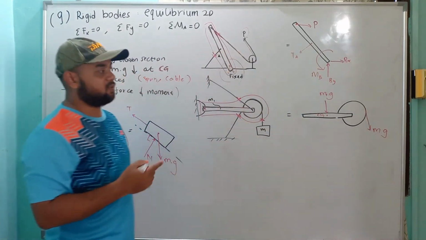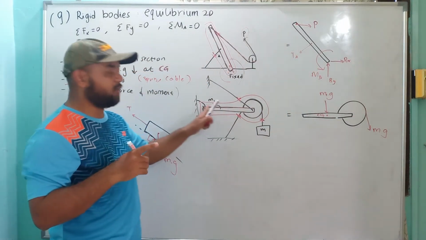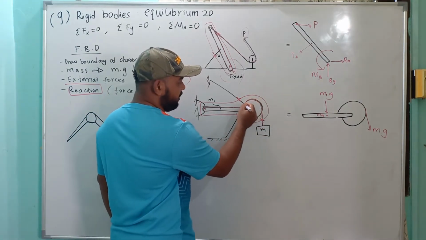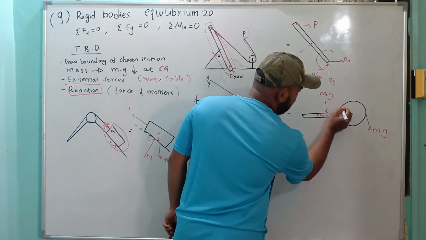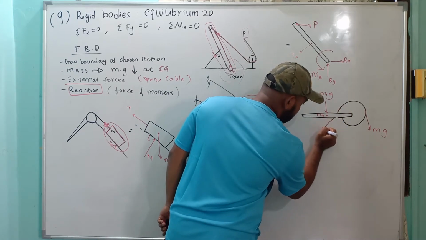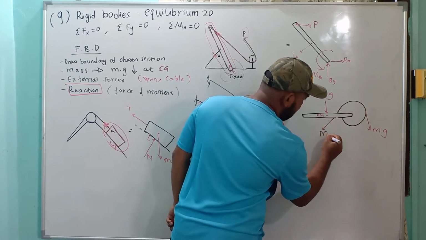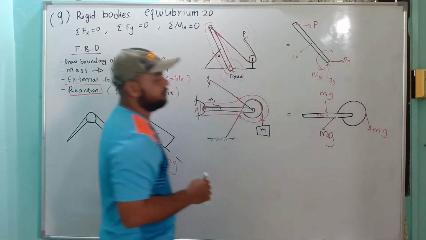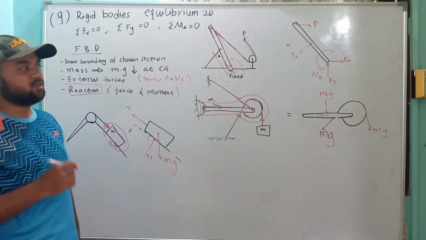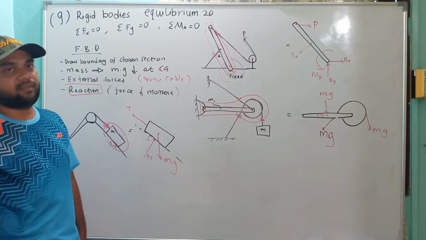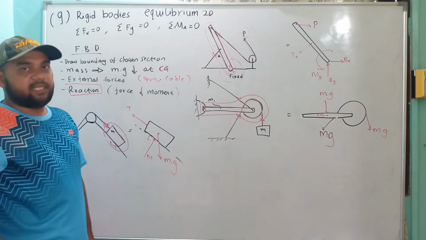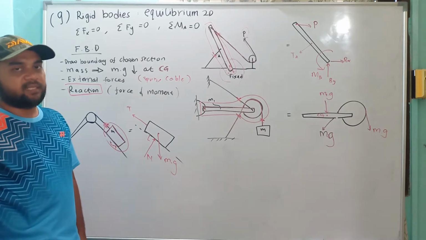Okay, different M to M, because we have M here, M1 here. And we follow the same cable, so here you should have also Mg. Okay, you must draw exactly at that location, because it is now no more a particle, it is a rigid body, the dimension is counted.